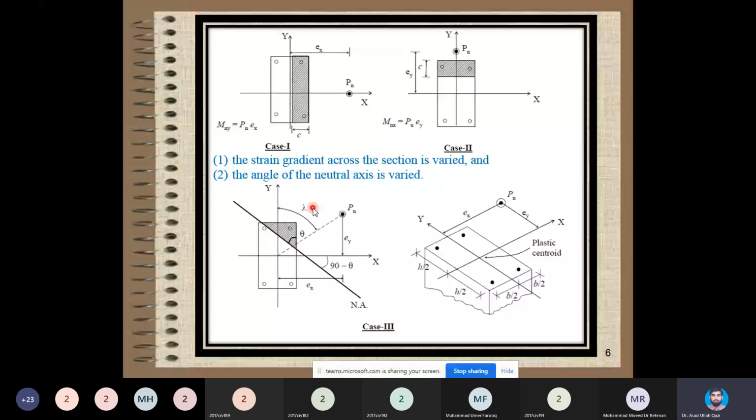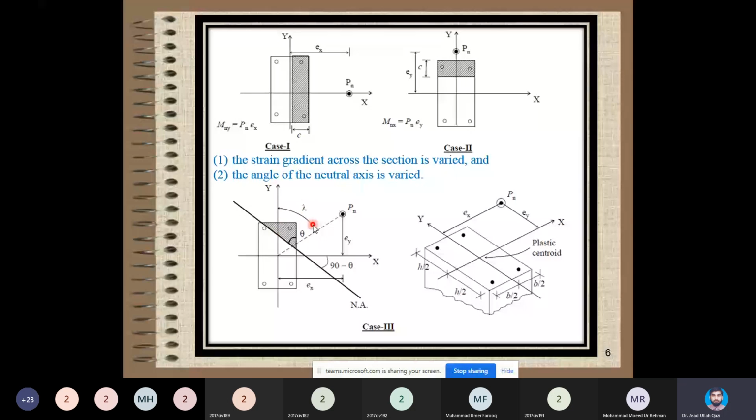Mathematically, I can say if I take Ex divided by Ey and take tan of that, tangent lambda is actually Ex over Ey. I can easily calculate tangent of lambda, and the inverse of that tan will give me lambda, so lambda equals tangent inverse of Ex over Ey.